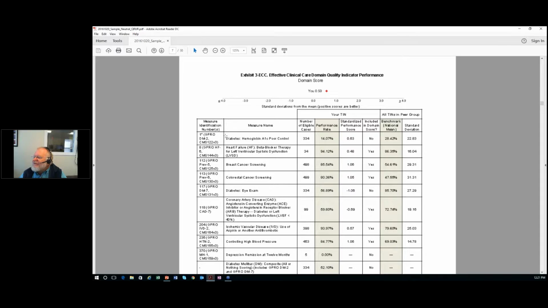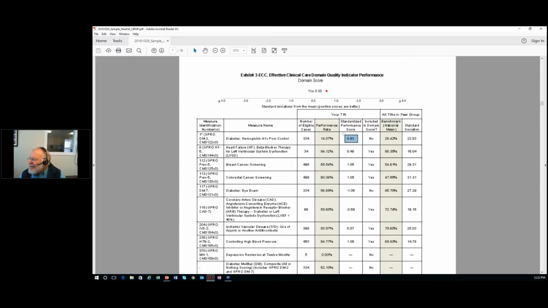But here, for each measure, we go through the identification of the measure, the number of cases that were eligible, and this comes directly from your report, the performance rate that comes directly from the report that you gave to Medicare or we gave on your behalf, a standardized score. And this standardized score compares your performance rate with the benchmark rate and that standard deviation.